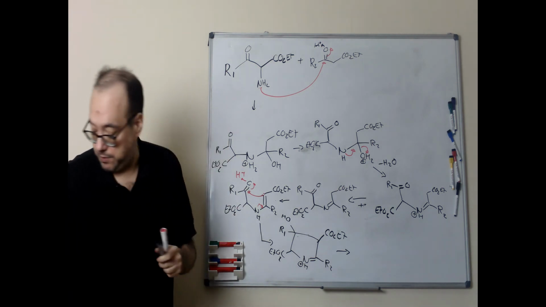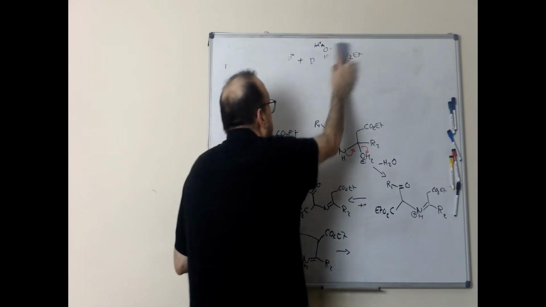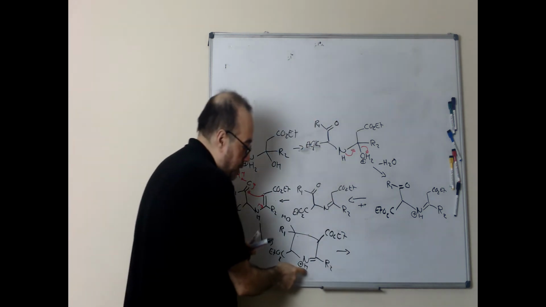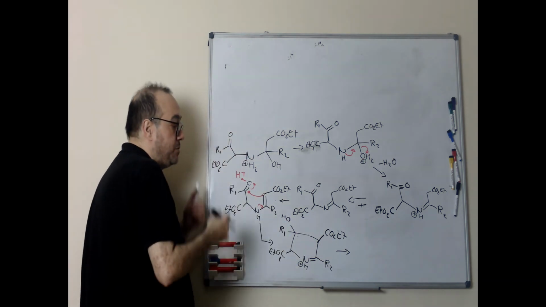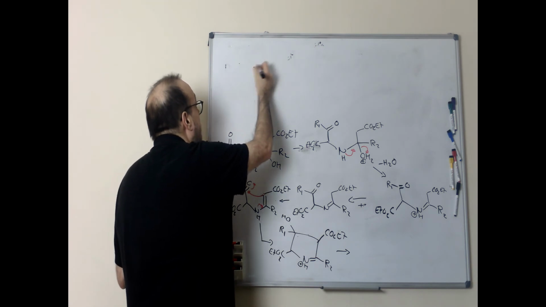Okay, the only thing I do is transfer this proton from the nitrogen to the wedge. You can do it in one step, in two steps, up to you. Okay, what we get.